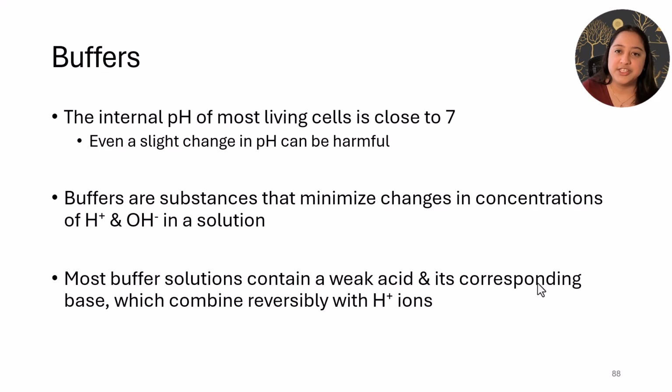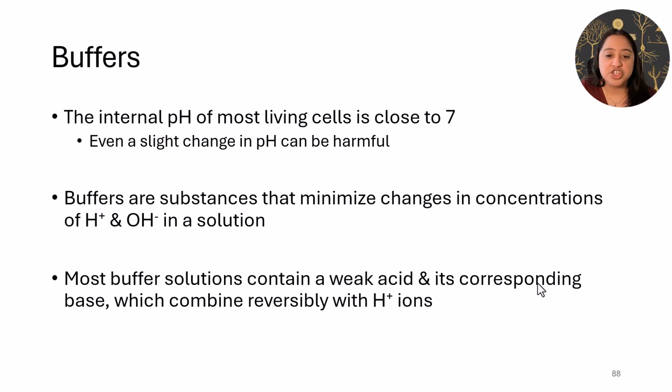So that leads me to this idea: buffers. The internal pH of most living cells should be close to 7, and you want to keep it as close to 7 as possible. Even a slight change in pH can be harmful. Buffers are substances that help minimize these changes in concentrations of those ions.